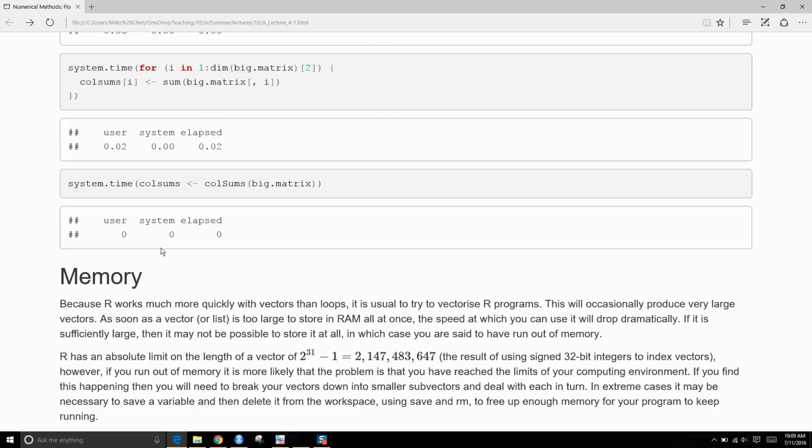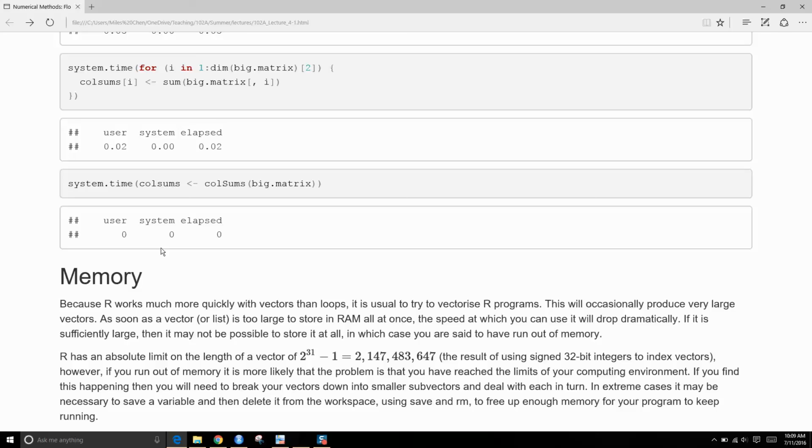It is worth talking about memory. A lot of times we try to vectorize our operations, and when we do that, it stores all of these values in memory. Most likely you're not going to run into a problem with memory, right? Your computer probably has 2 gigabytes, 4 gigabytes, or 8 gigabytes of RAM or something like that.